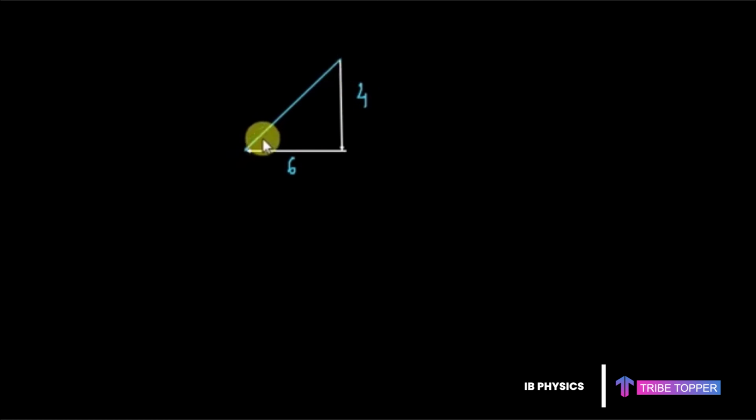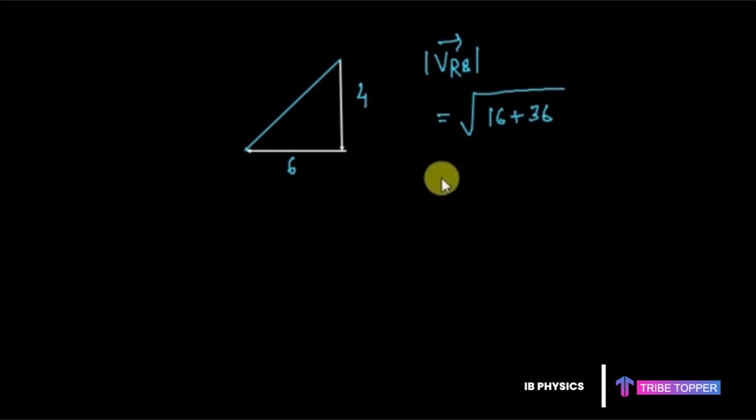The length of the hypotenuse gives the magnitude of the relative velocity of rain with respect to the biker. So we have it as the square root of 16 plus 36, which is the square root of 52, which on solving will give you 7.2 meters per second. So the relative velocity of rain that will appear to you is pretty fast.